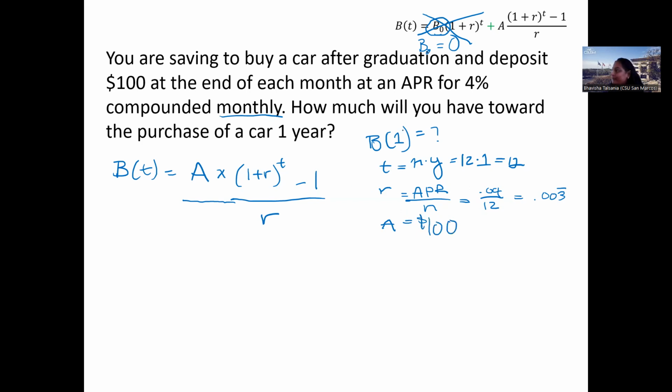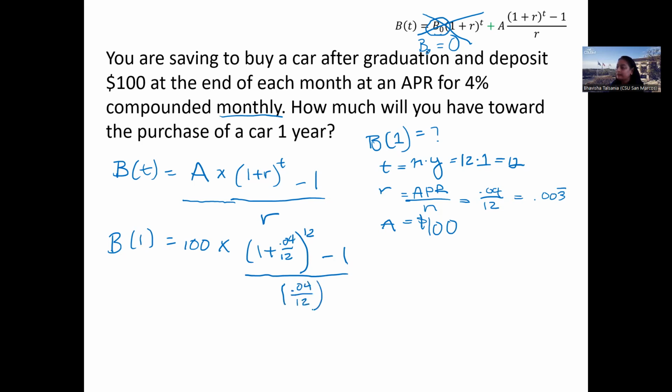So I'm literally putting all of this into this equation. And so I get B sub 1 is equal to $100 times 1 plus 0.04 over 12, all that raised to the t, which is 12, minus 1, and all that divided by 0.04 divided by 12.